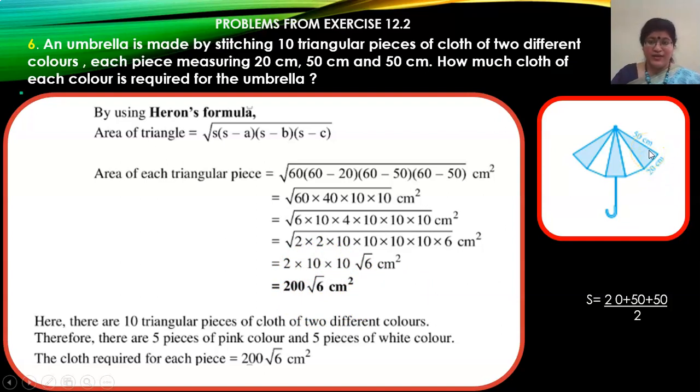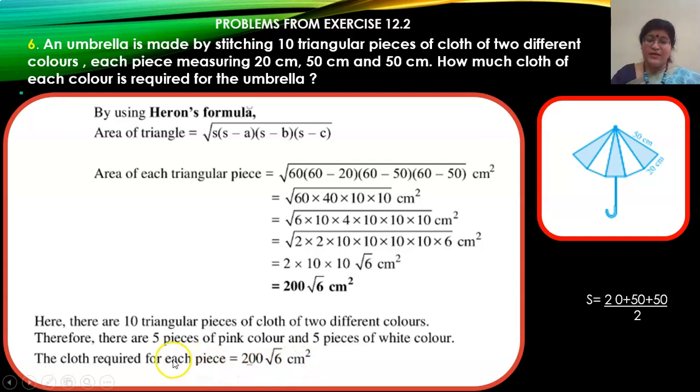You have to calculate not the area of 10 triangular pieces, but you have to calculate 5 pieces of either pink color, here it is mentioned pink, or it could even be blue color like what is given out here, and 5 pieces of white color. So the cloth required for each piece is 200 root 6 centimeters square.